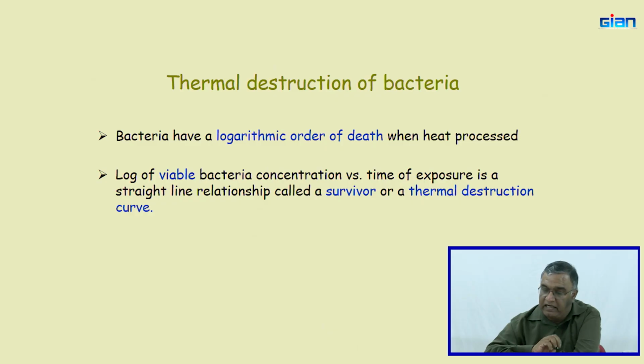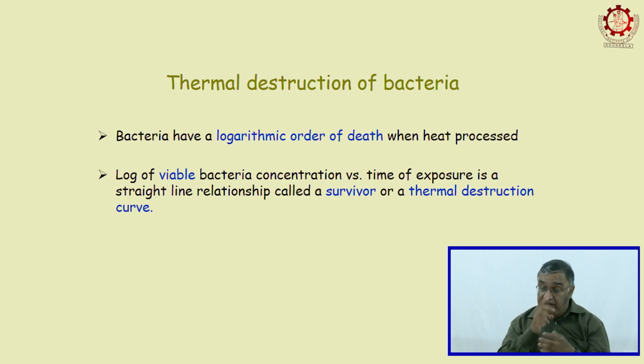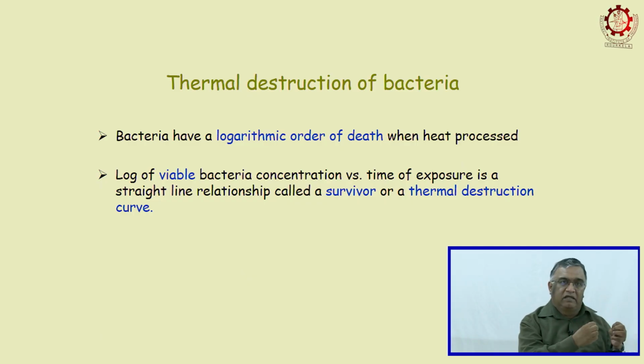To understand that, we need to know how bacteria die when you are heat treating them. Bacteria follow a logarithmic order of death when heat processing. What that means is, say you have 1 million bacteria, and you process at, say, 70 Celsius.